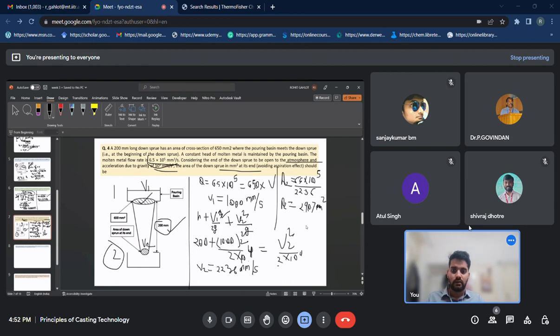If I calculate, I get A2 as around 290.7 or 291 mm square. So anyone who has any doubt till now?